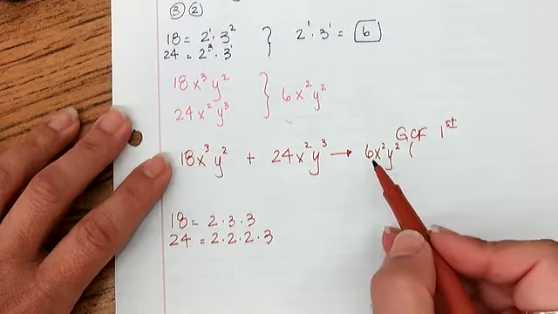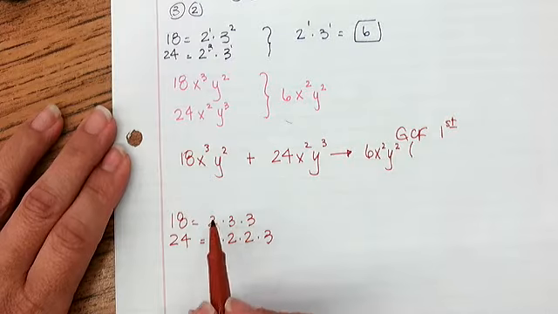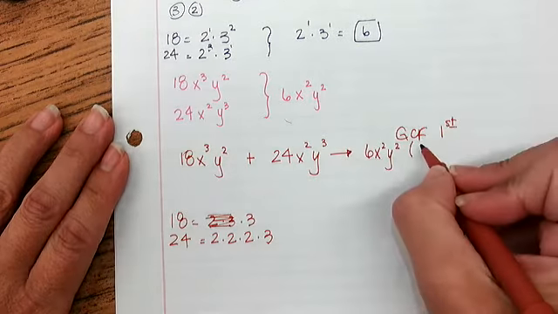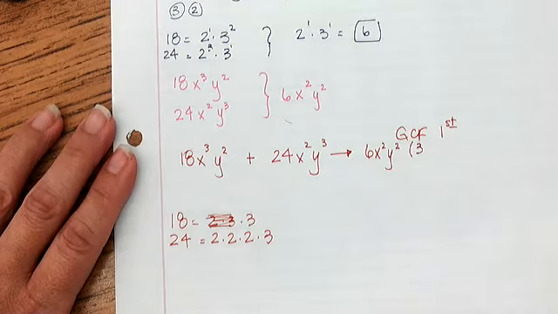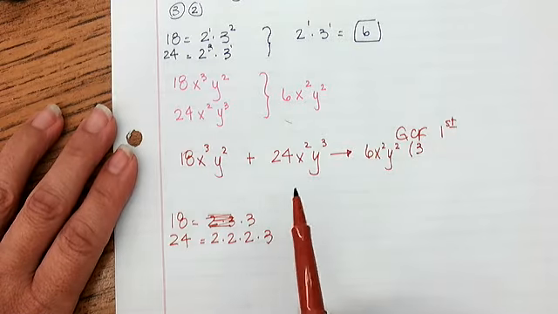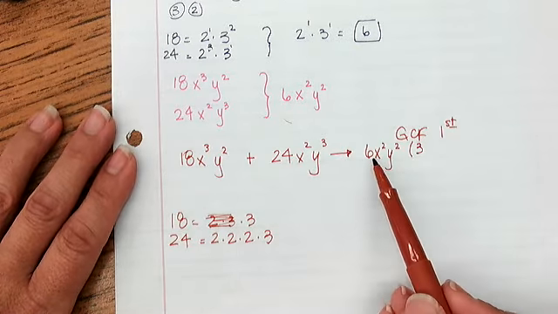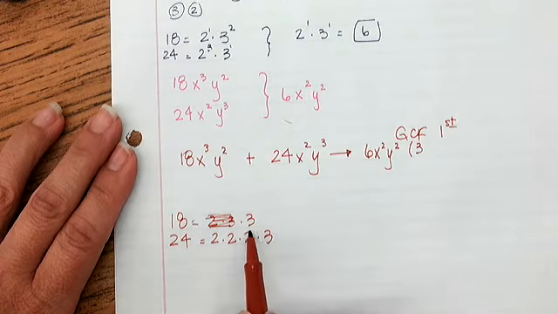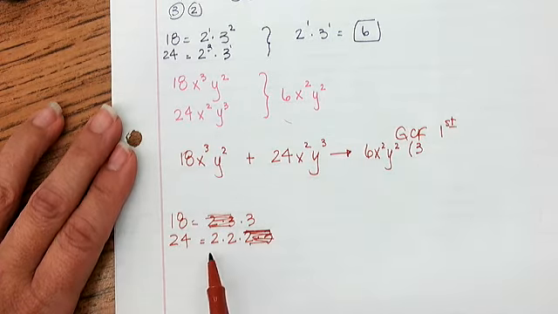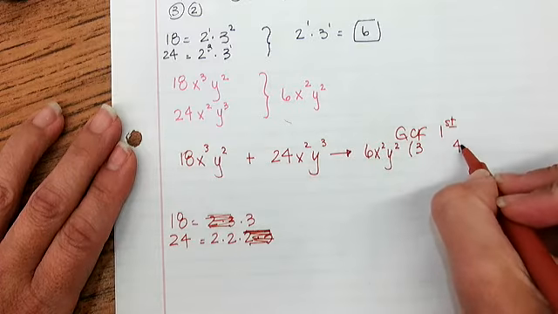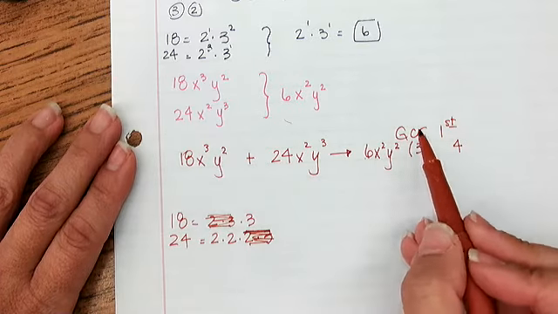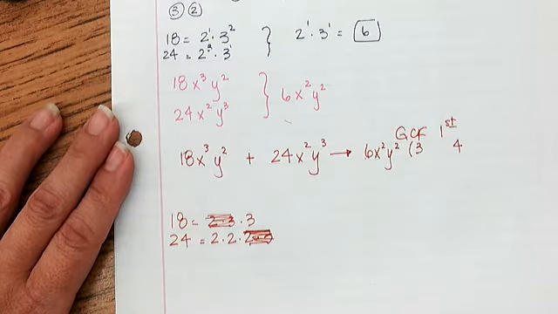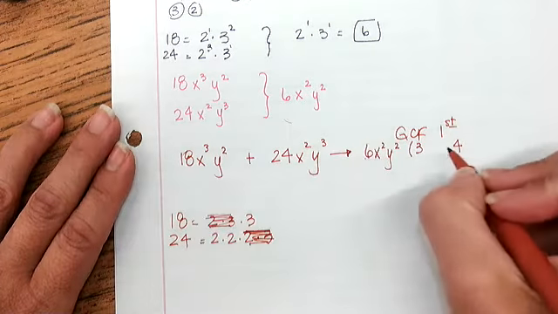So for 18, if I take out 6, which is 2 times 3, I'm left with 3. I'll get to the variables in a minute. And for 24, we said the GCF was 6. Well, if I take out 6, 2 times 3, I'm left with 4. And notice 6 times 3 is 18. 6 times 4 is 24. I'm going to put a plus sign there.